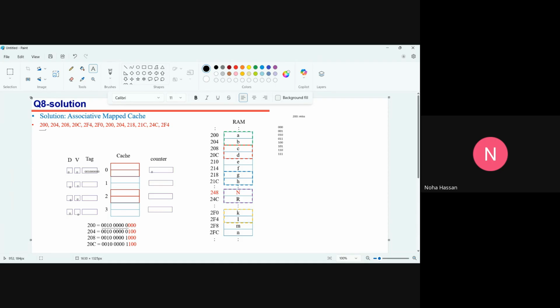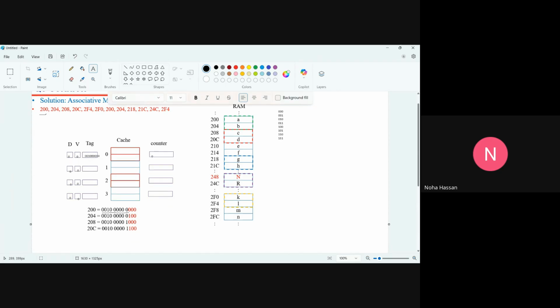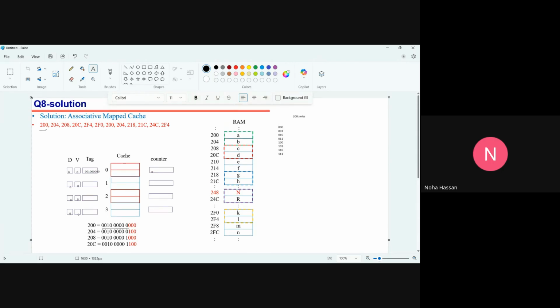I will fetch both A and B. So A will go here. Now I am filling out the first block, block 0. Let me put A here and B here.